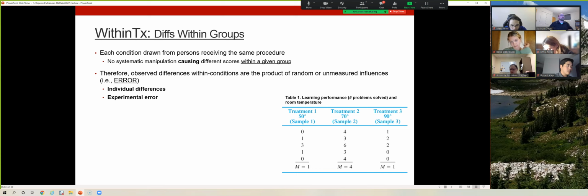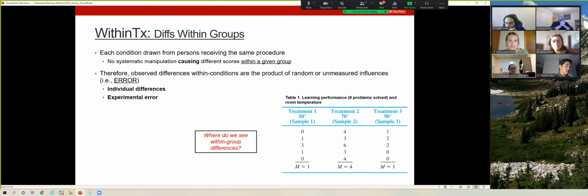It's something that I haven't quantified within the context of my analyses, and so by definition, it's error. It could be just random stuff. It could be individual differences. It could be experimental error. It could be something systematic. But if I haven't modeled it, it is by definition error.